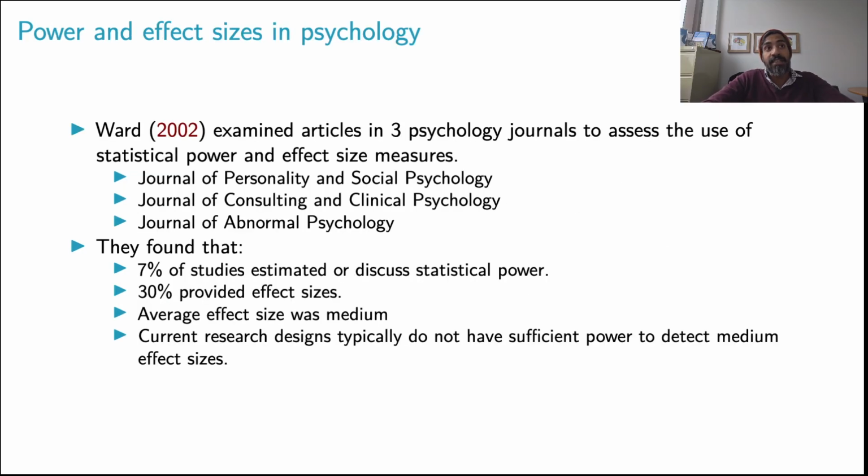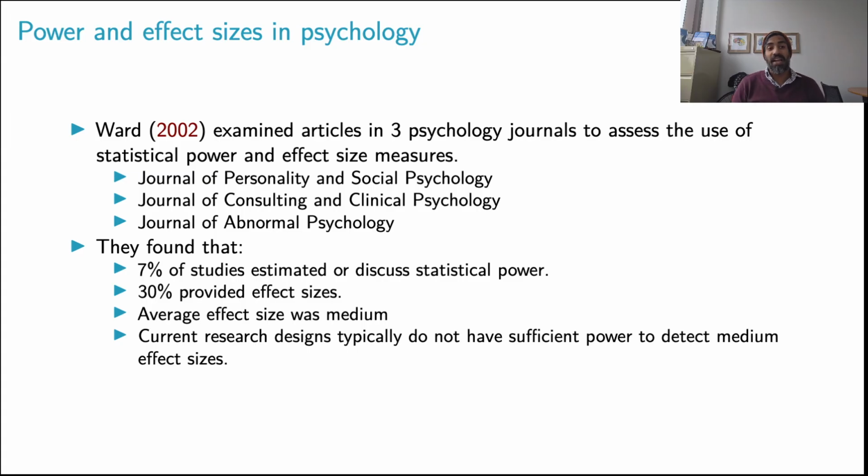So, power and effect size in psychology. Ward examined articles in 3 psychology journals to assess the use of statistical power and effect size measures: the Journal of Personality and Social Psychology, the Journal of Consulting and Clinical Psychology, and the Journal of Abnormal Psychology. They found that 7% of studies estimated or discussed statistical power, 30% provided effect sizes, the average effect size was medium, and current research designs typically do not have sufficient power to detect medium effect sizes.